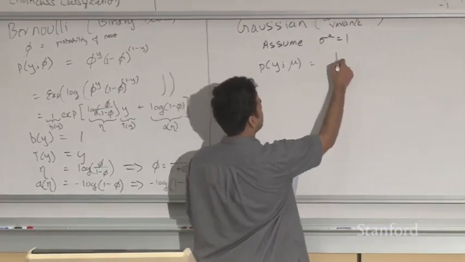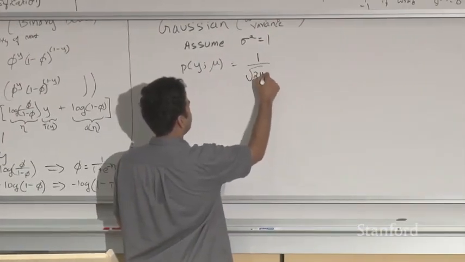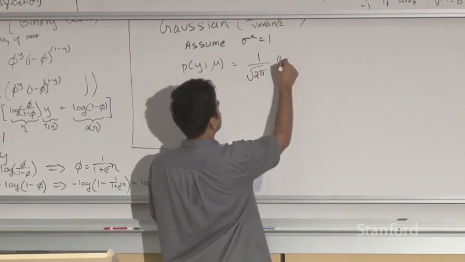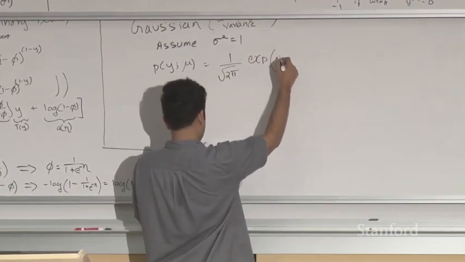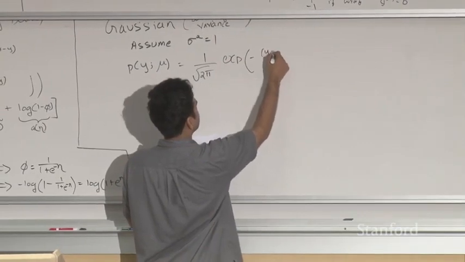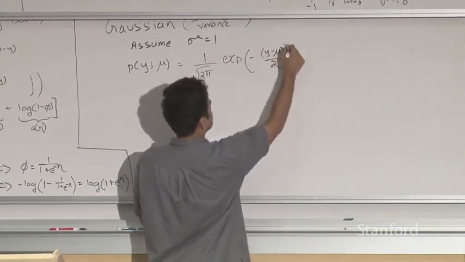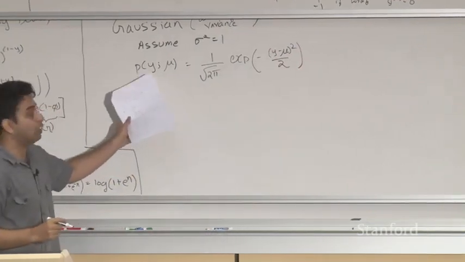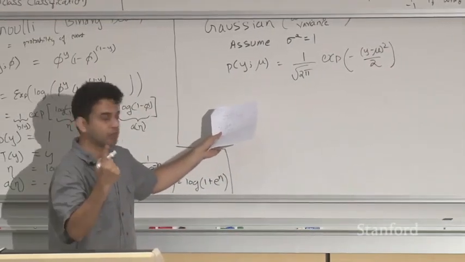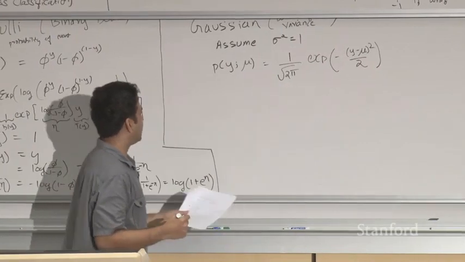It is equal to 1 over root 2 pi, e to the minus (y minus mu) squared over 2. So this is the Gaussian PDF with variance equal to 1.